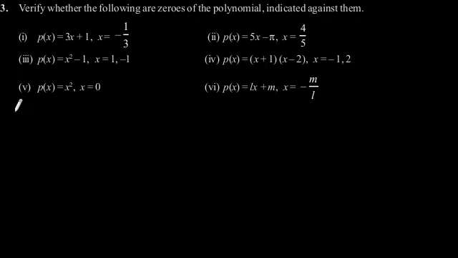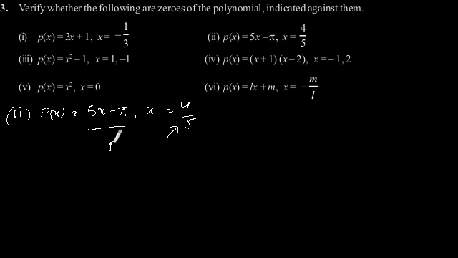Second, p(x) is equal to 5x minus pi. x is equal to 4 by 5. So if x is equal to 4 by 5 is a zero of the given polynomial 5x minus pi, then p(4 by 5) must be equal to 0.